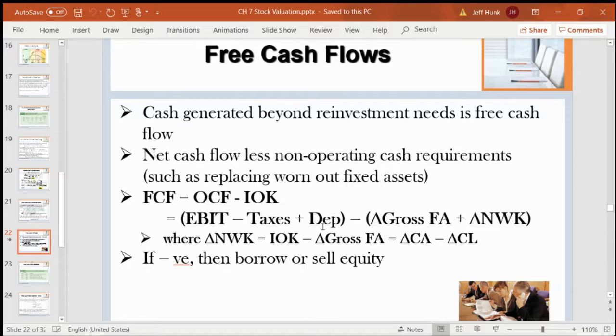Those are mainly your fixed assets. And the last item is depreciation. Of course, depreciation is a negative number in the balance sheet because it has to bring down the value of the fixed assets.